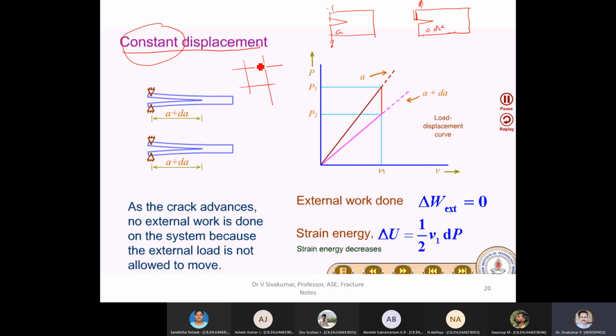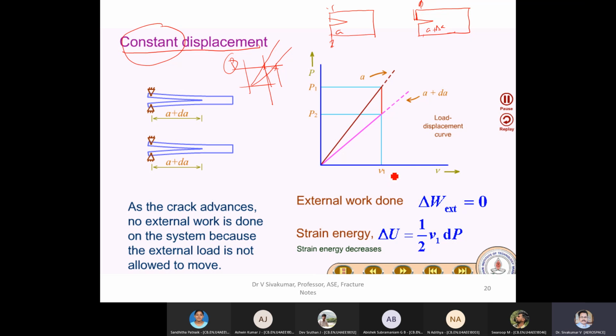Because for constant load, the line is crossing, which means for one load I'm getting two displacements.